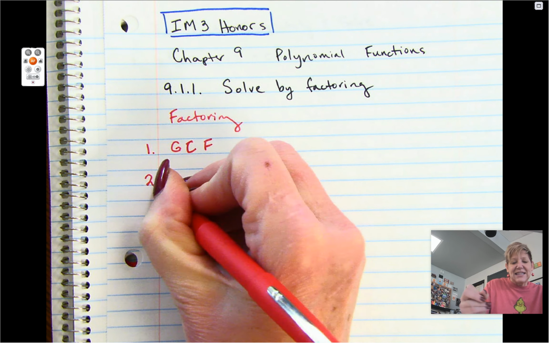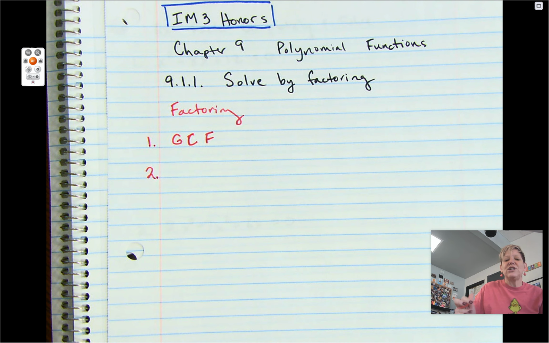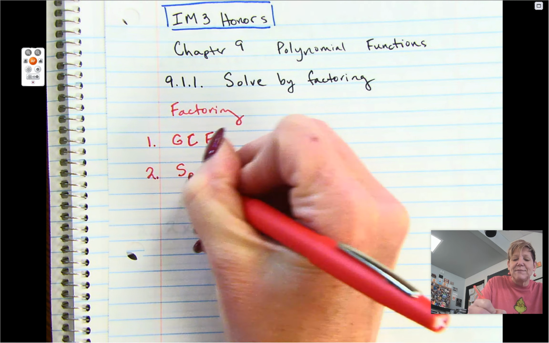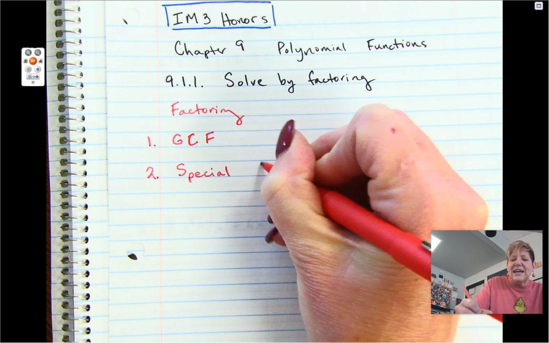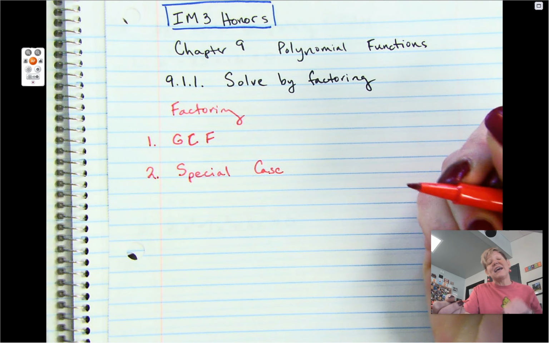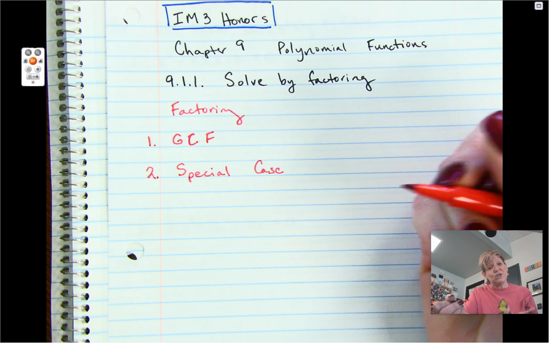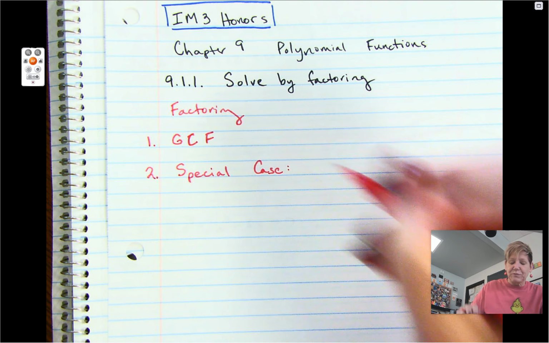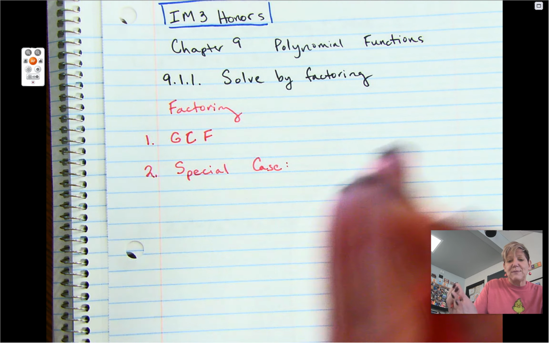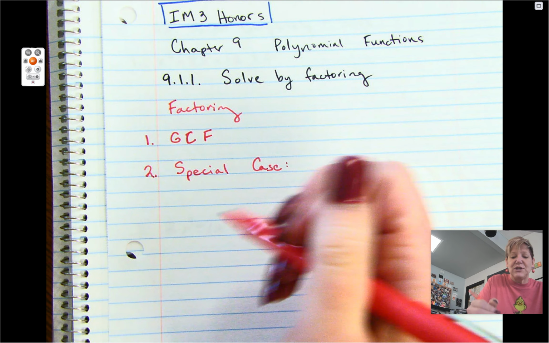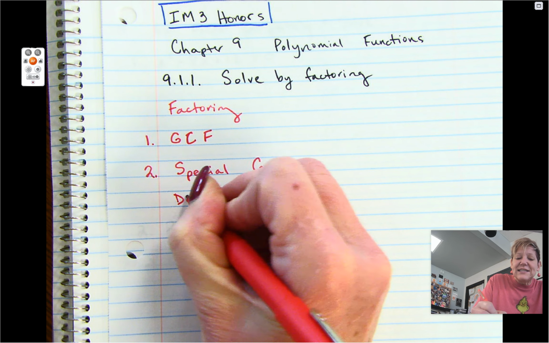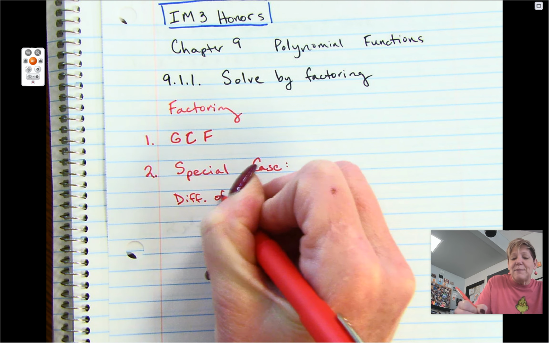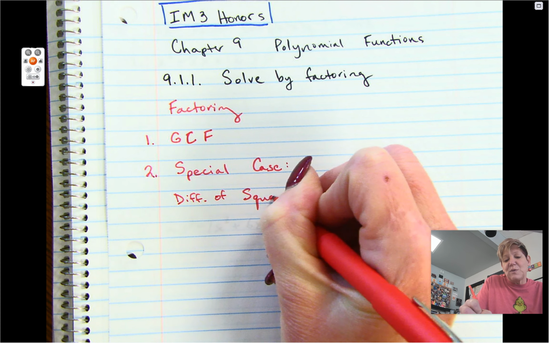The second thing that is good to do is to look for a special case. A special case is going to have perfect squares or perfect cubes in it. So you need to know your squares and your cubes. The first special case that we dealt with in IM2 was a difference of squares, or a difference of perfect squares.